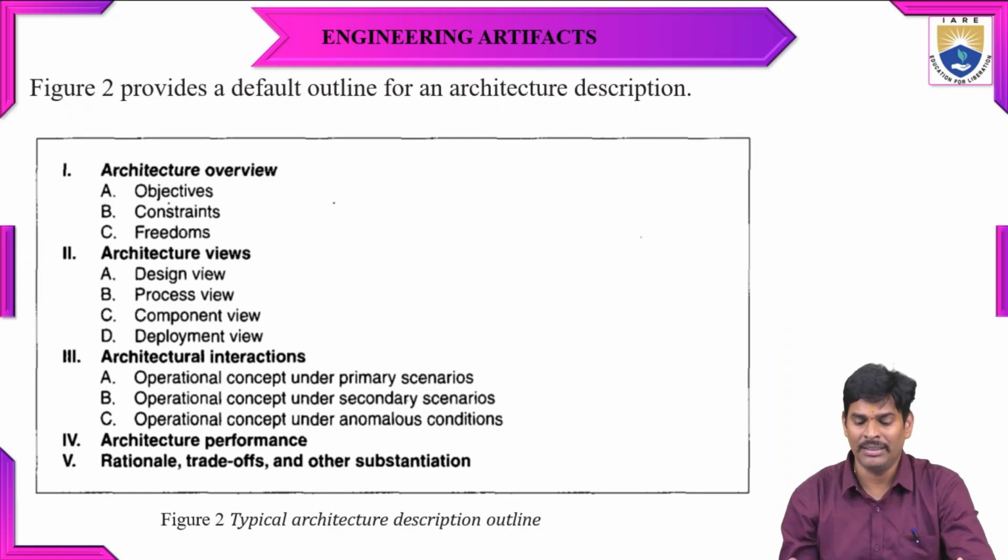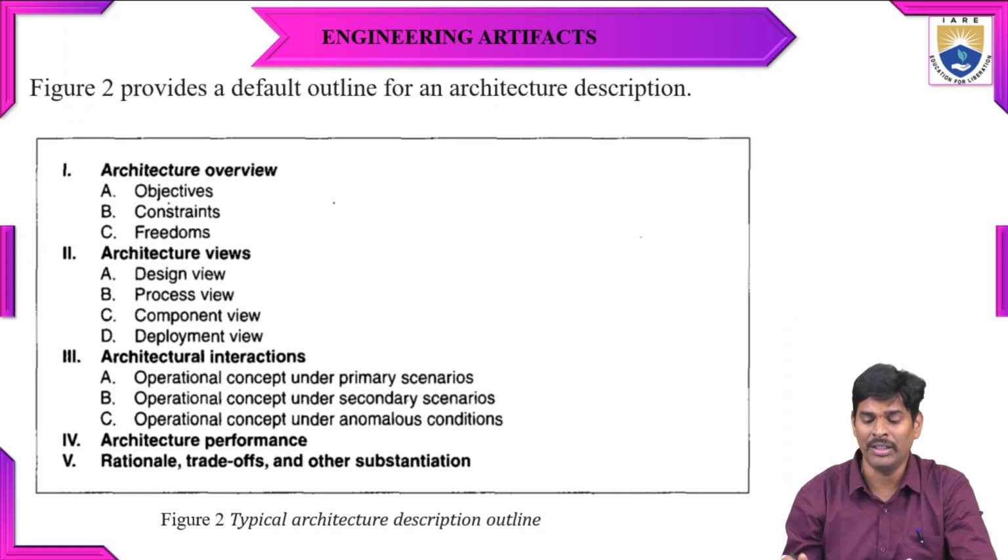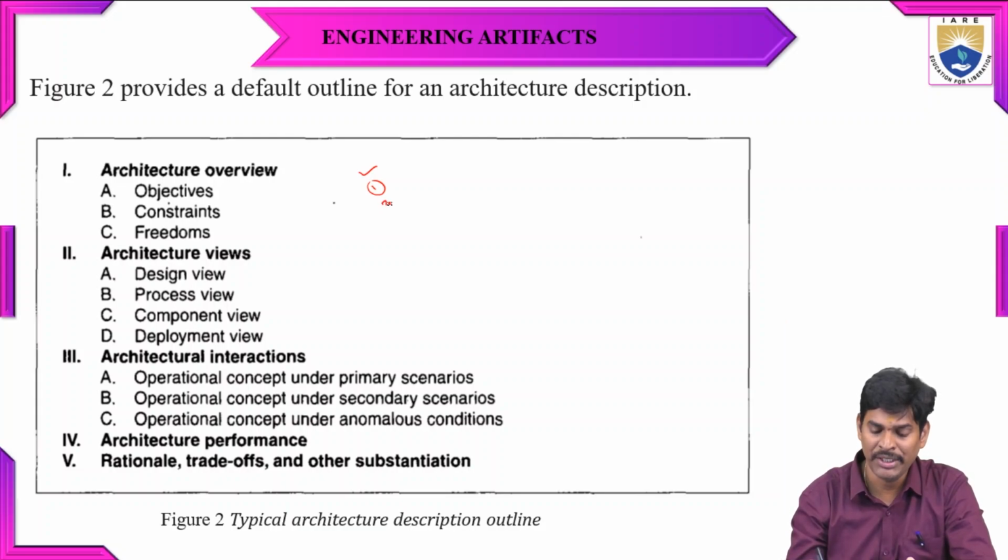So in this diagram, we can have the architecture description. The first one is architecture overview. In the architecture overview, first we need to define the objectives. So what is the main objective of this project, and how we are going to define this architecture. And next we need to check what are the main constraints.